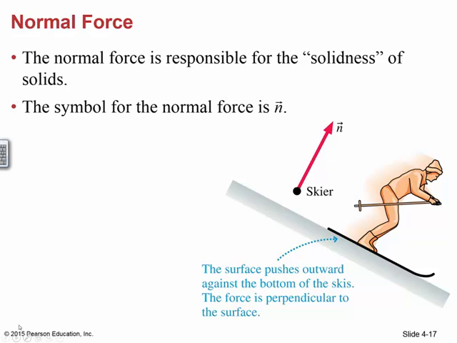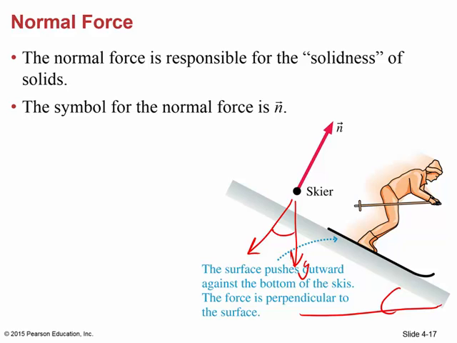Now, here we see a person skiing on a slope, and the normal force is still perpendicular to the surface. But now, one thing that's going to happen is that the normal force is going to be affected by the angle of the slope, okay? And so it's not going to be the same as it would be if the person was on a flat surface.